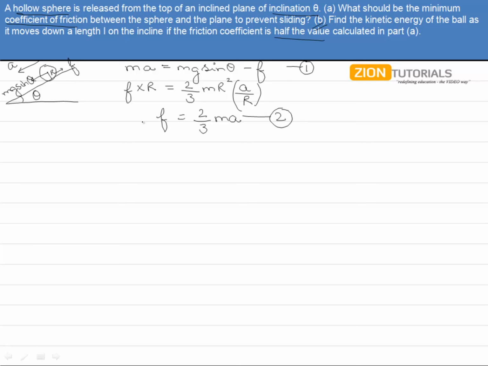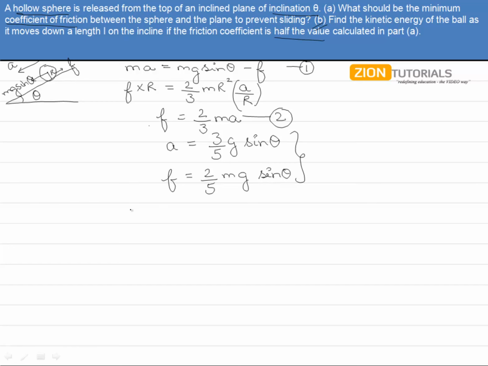Now putting this value of friction in equation number 1, we can solve for the acceleration a, which comes out to be 3 by 5 g sine theta. Now we can put this acceleration into the friction equation and find the friction to be 2 by 5 mg sine theta.